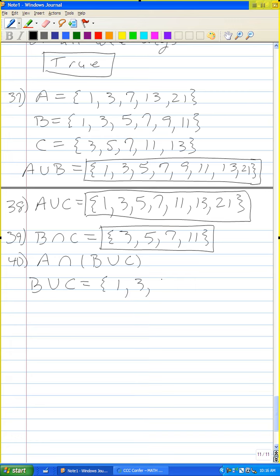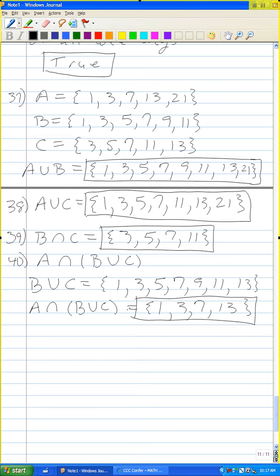So 1, 3, 5, 7, 9, 11, 13 is in B union C. And what is in A and B union C simultaneously? 1 is in A and this set, 3 too, 7 is in both sets, and so is 13.